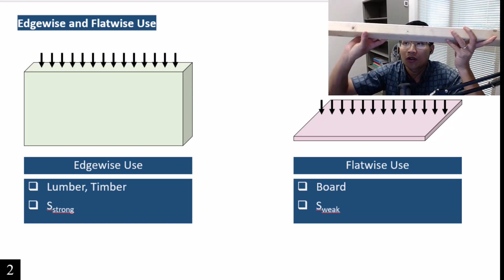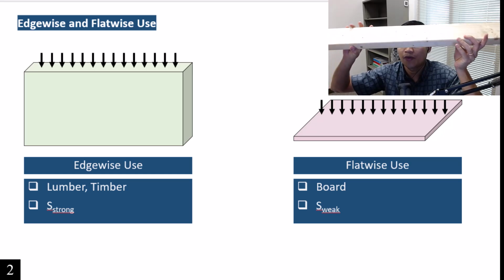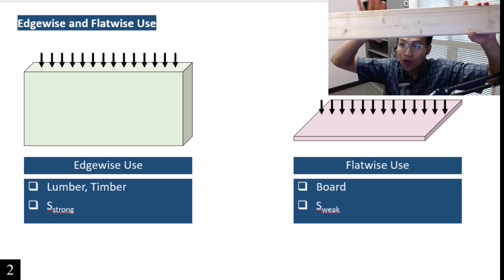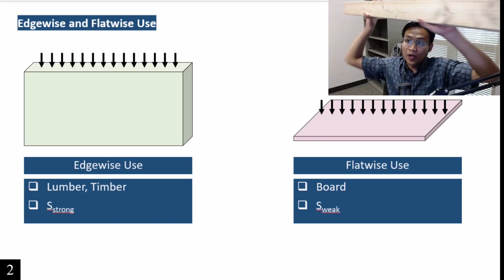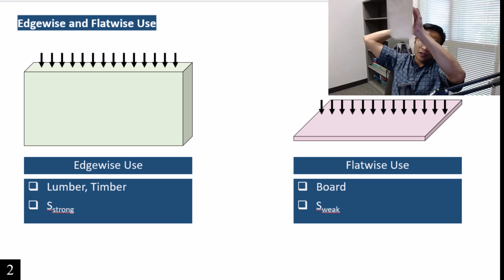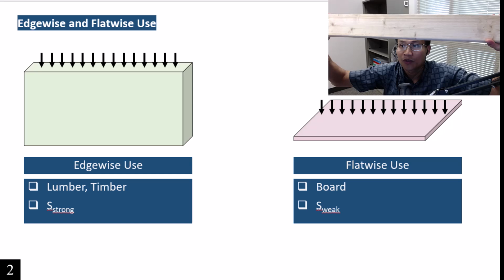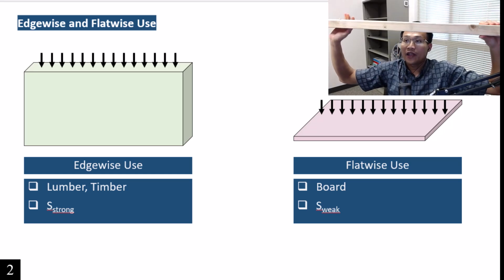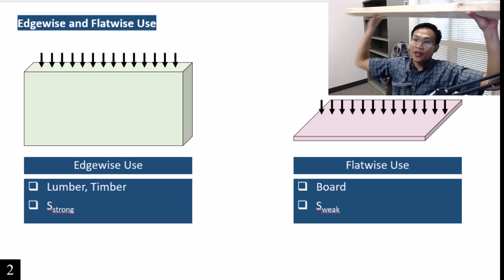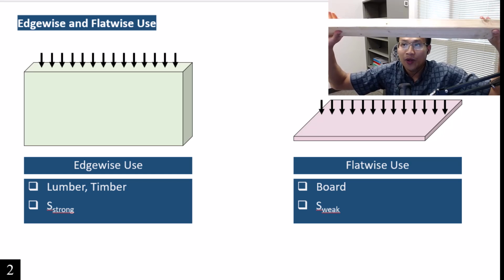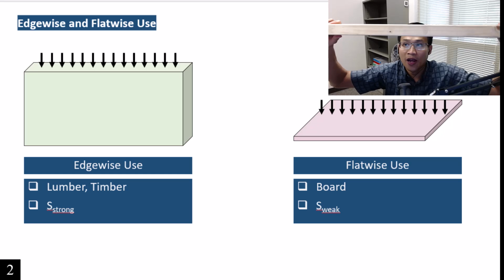If you reviewed my video on steel, you already learned about that, but let me review one more time. If I bend the wood around the width in this direction, it is very hard to bend. However, if I bend in this direction, the flatwise use, it requires less force to bend this one.